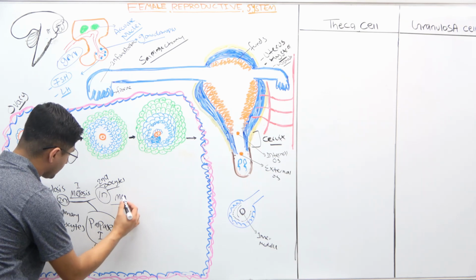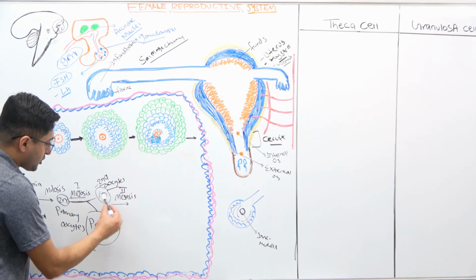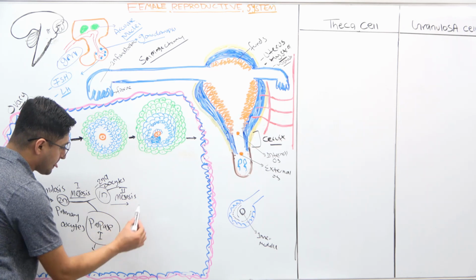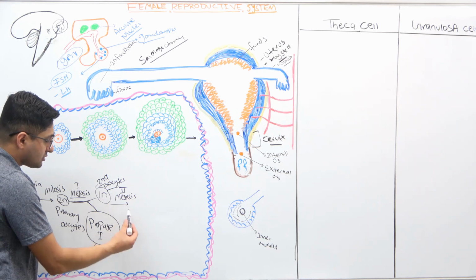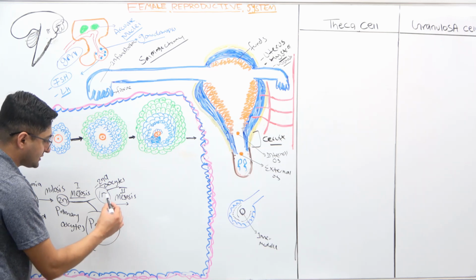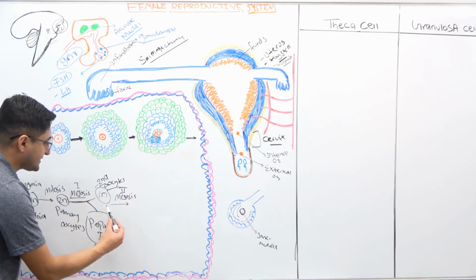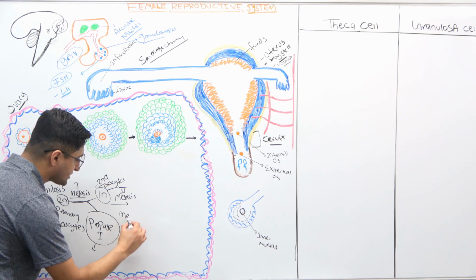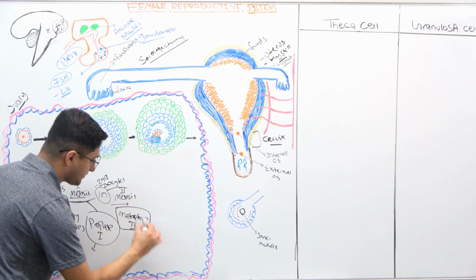In this meiosis process, again, the prophase, anaphase, all that takes place, and they try to do cytodifferentiation. But the secondary oocytes do not complete. They get arrested in the metaphase and do not continue further.